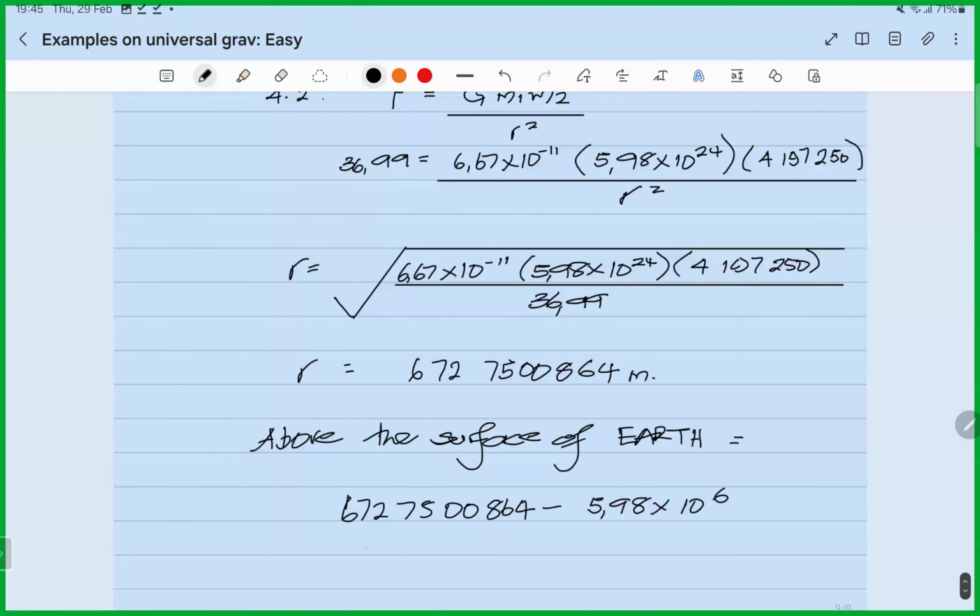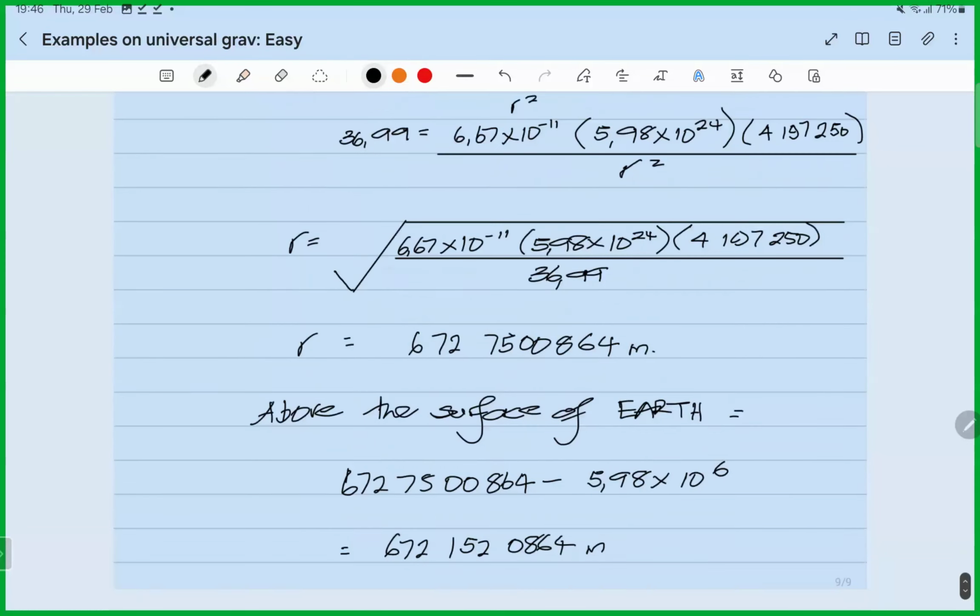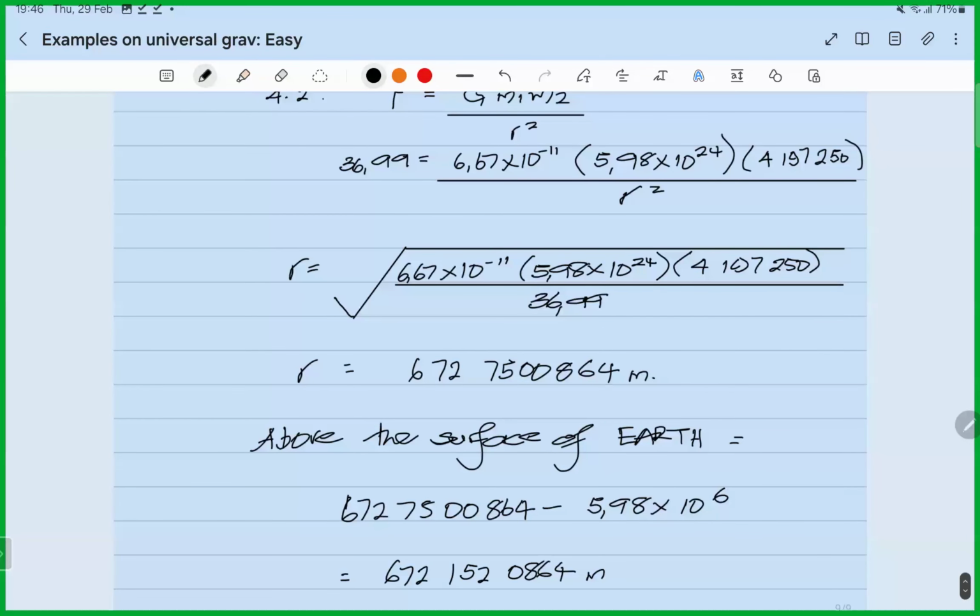What's the answer now? 672, 152, 0864. This is in meters. So in kilometers, you take this and divide it by 1,000 now.